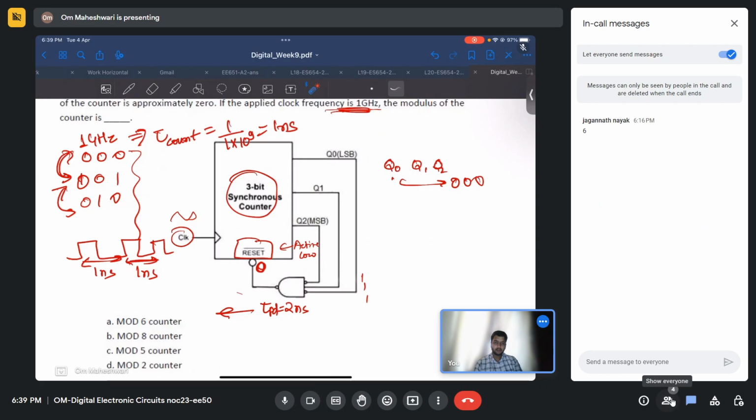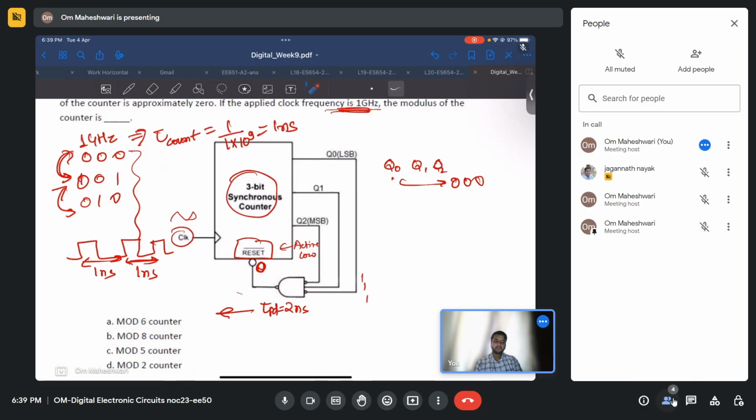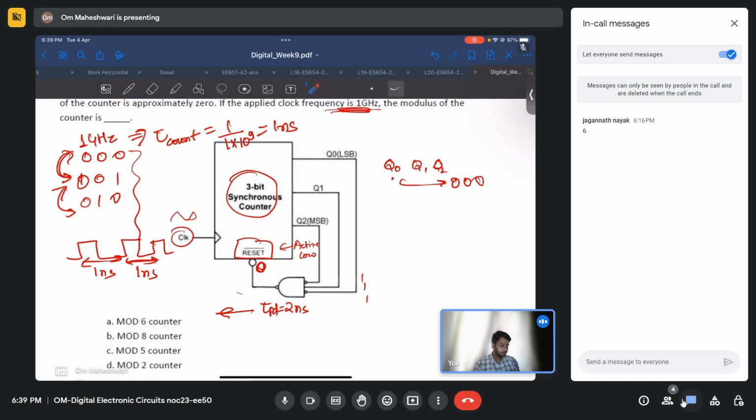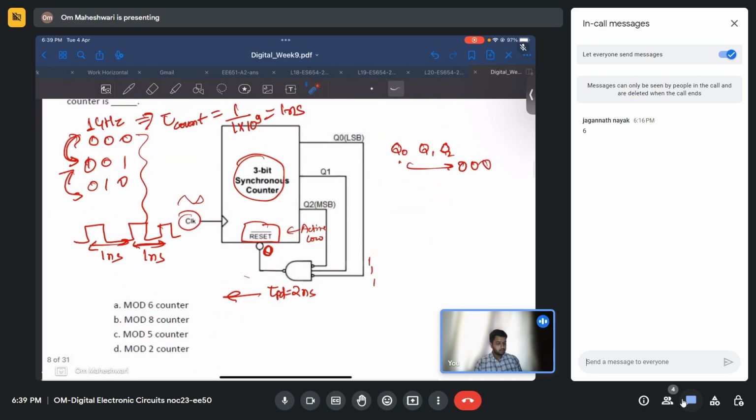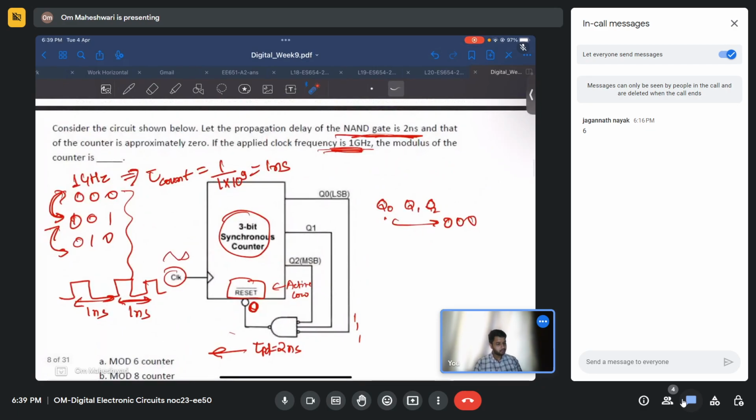Should I repeat? Okay, I'll repeat. What I was saying is, we have been given that the clock frequency is 1 gigahertz, right? 1 gigahertz means the period is 1 nanosecond. So between each count of the clock there is a 1 nanosecond delay. The delay of the NAND gate is 2 nanoseconds, so whenever you give an input, after 2 nanoseconds it will reflect some change at its output.